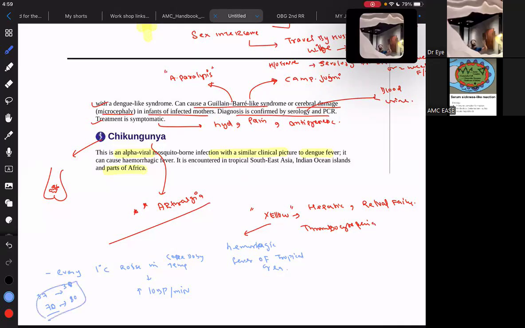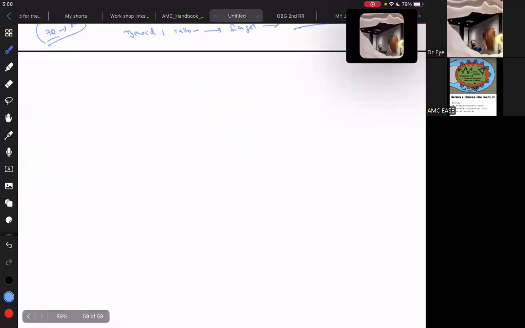This is the normal thing which happens in each and every case of infection with fever. But sometimes in typhoid and in yellow fever, there is the Faget sign, in which there is no increase in heart rate. This can give a false perception that the patient does not have fever. Therefore, in each and every case, we have to use the thermometer.